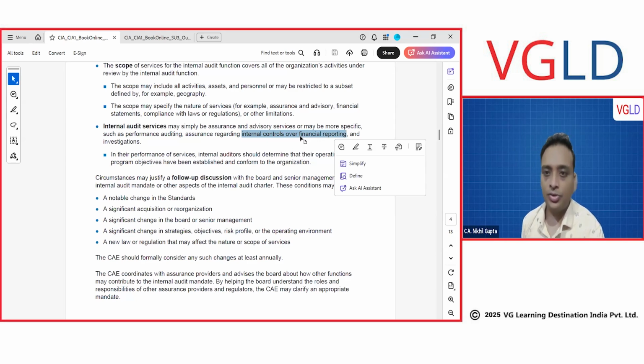ICFR is a terminology from the SOX Act, which is a US-based act. When it comes to the Indian Companies Act, we use the word IFC, not ICFR. Ultimately the purpose is the same: internal control over financial reporting, or internal financial controls.